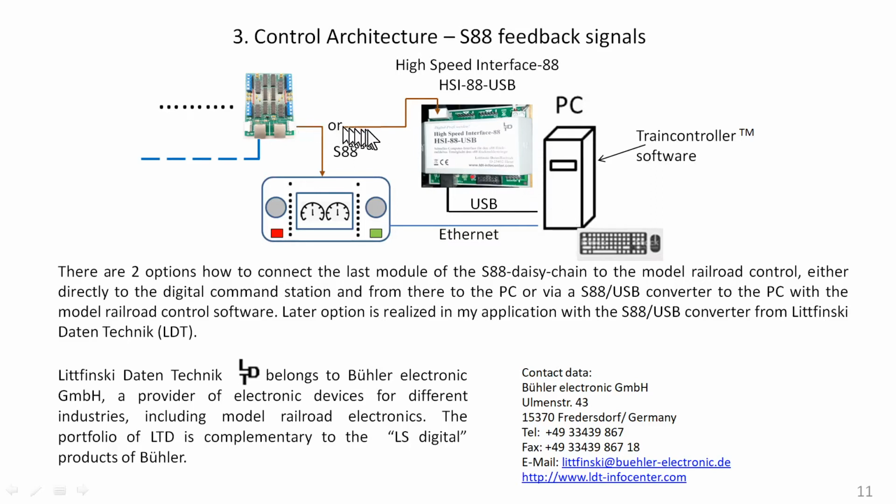I am using this way and not the transmission through the controller here. The HSI-88-USB, HSI stands for High Speed Interface, comes from Littfinski Datentechnik, which today belongs to Bühler Electronics, and by the way, both of these companies have electronics as well for model railroading.